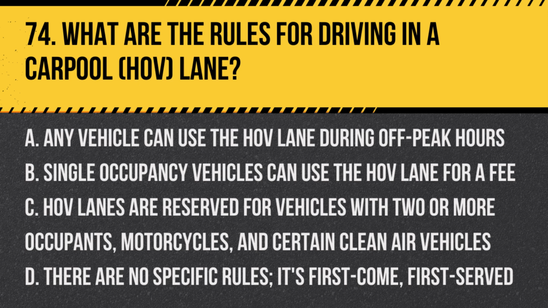D. There are no specific rules. It's first come, first served. Answer: C. HOV lanes are reserved for vehicles with 2 or more occupants, motorcycles, and certain clean air vehicles. These lanes are designed to promote efficient and sustainable travel.